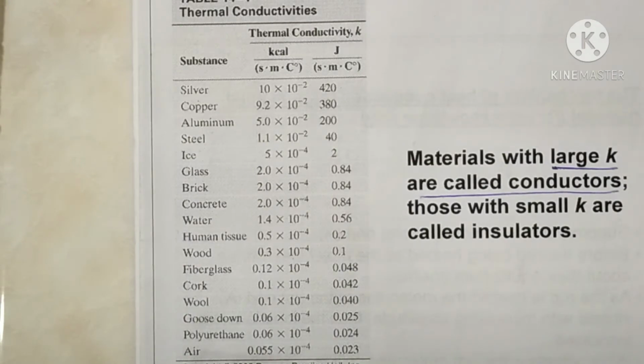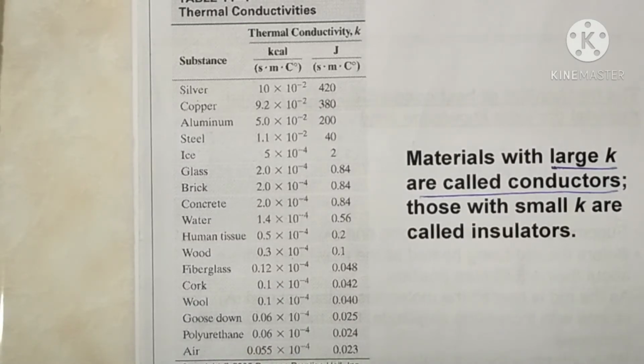Gases such as air or hydrogen have low thermal conductivity because gas molecules are far apart. Energy is transferred between gas molecules when they collide with each other. The number density, or number of molecules per unit volume, for a gas is low.